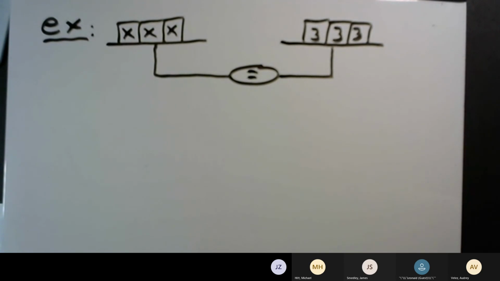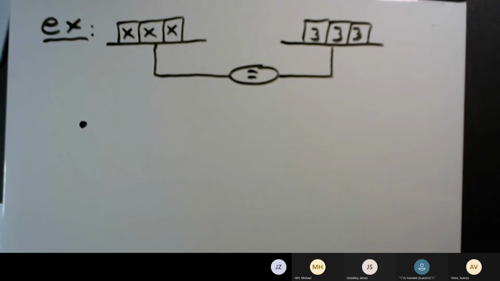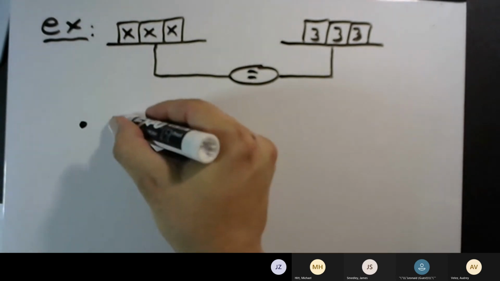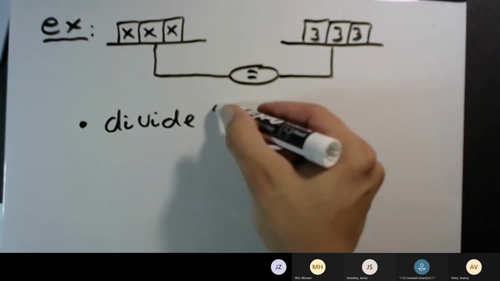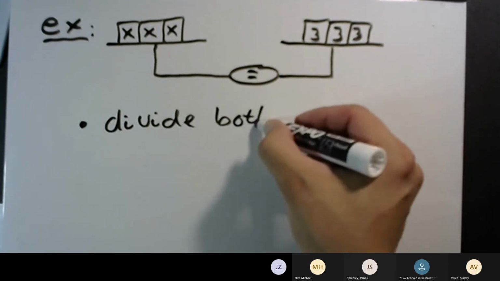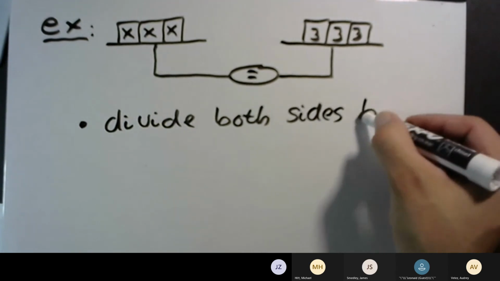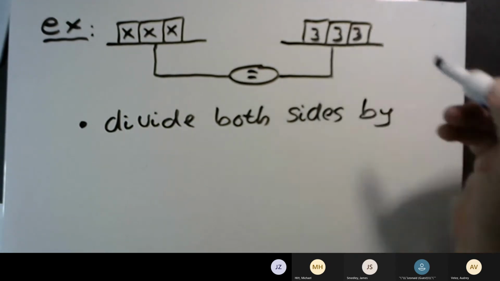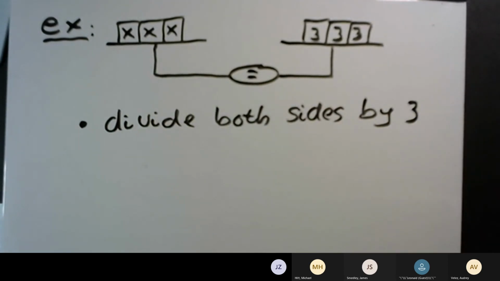Now, what we do in algebra is we go about it slightly differently. We'll divide both sides by, because we have 3 x's, we'll divide by 3.